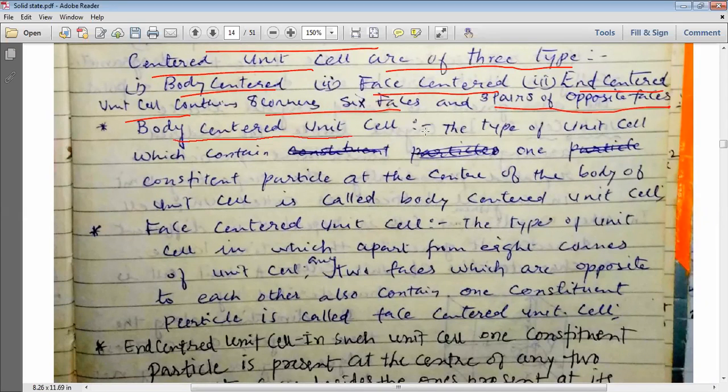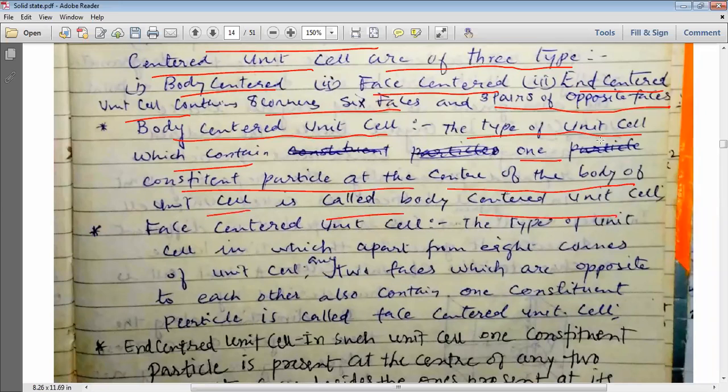Body-centered unit cell. So what is a body-centered unit cell? The type of unit cell which contains one constituent particle at the center of the body. A constituent particle at the center of the body of the unit cell is called the body-centered unit cell. Once again, my dear students, I am trying to give you the explanation.